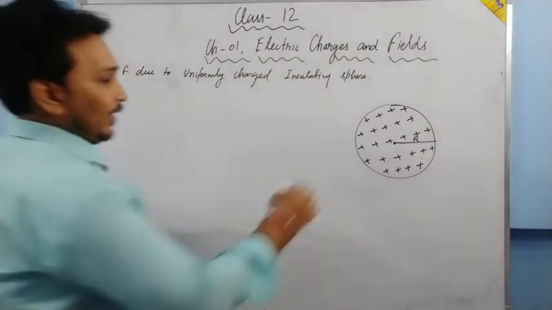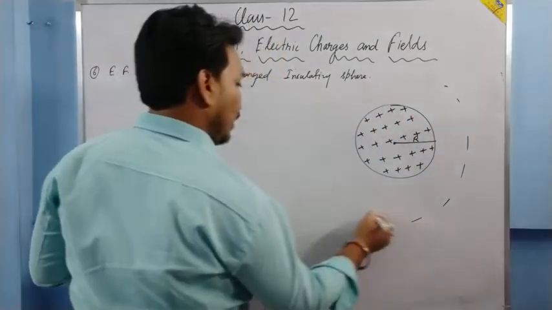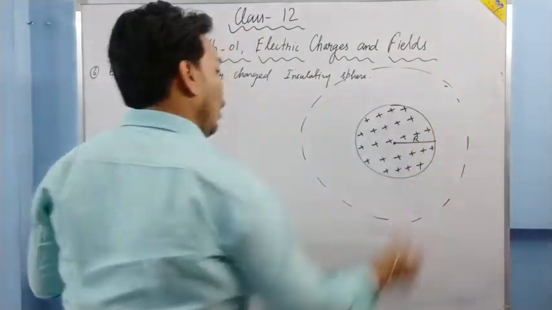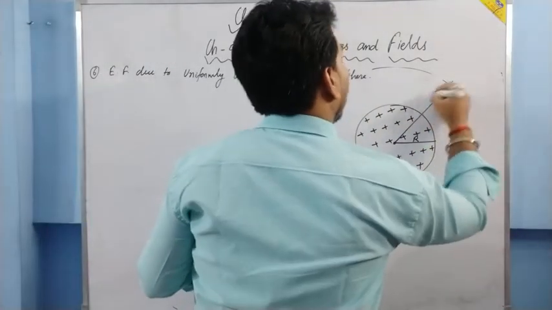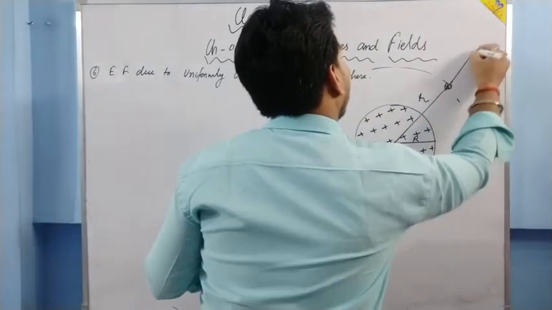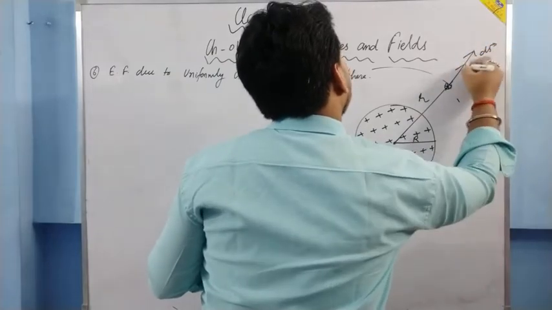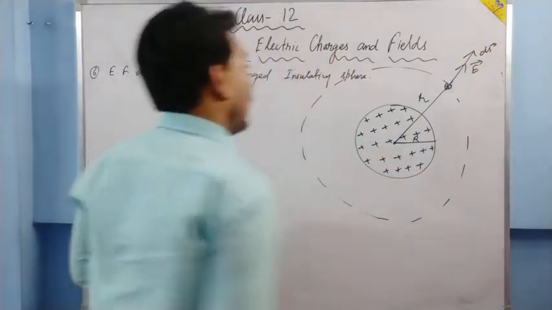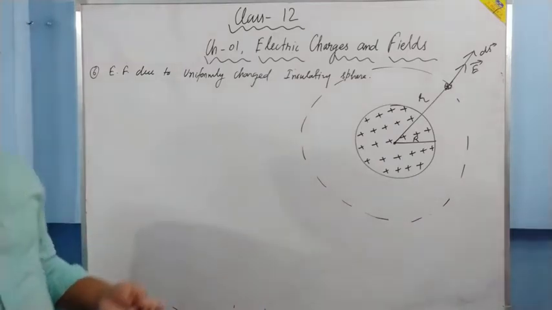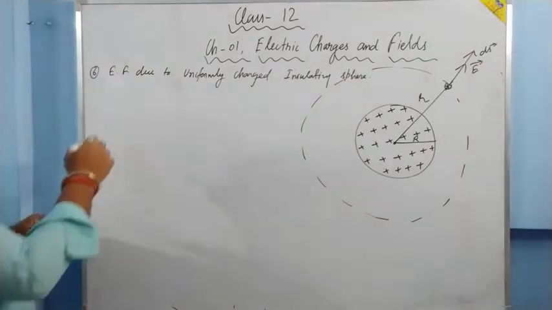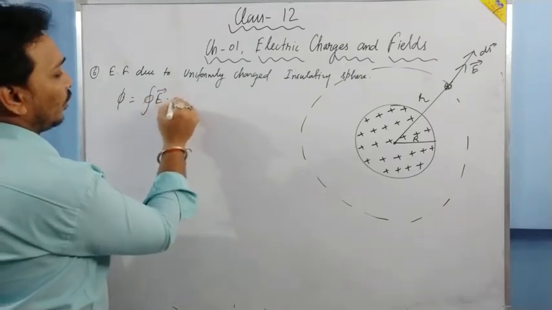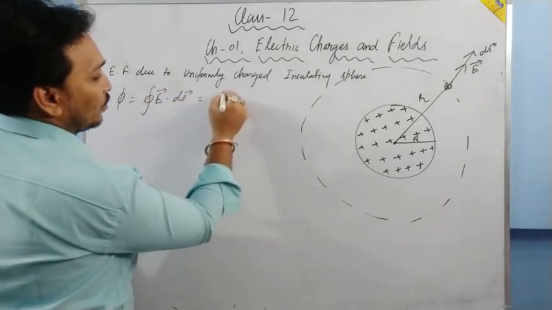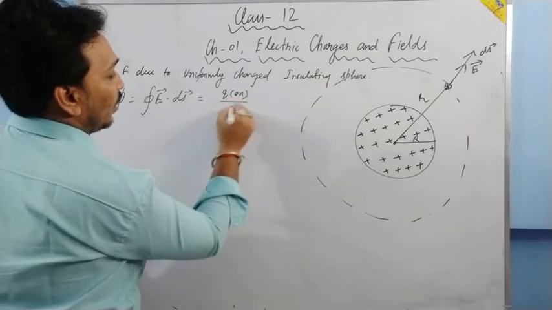So for a point outside the sphere, the things are same. Okay. Whole of the charge is inside this Gaussian surface. At a distance r, if we have taken this is the area vector. Let this be direction of ds. In the same direction, electric field will be. So whole of the calculation we have done earlier also, and the formula will remain same, and it will be surface integration of E vector dot ds vector is equal to q enclosed upon epsilon naught.